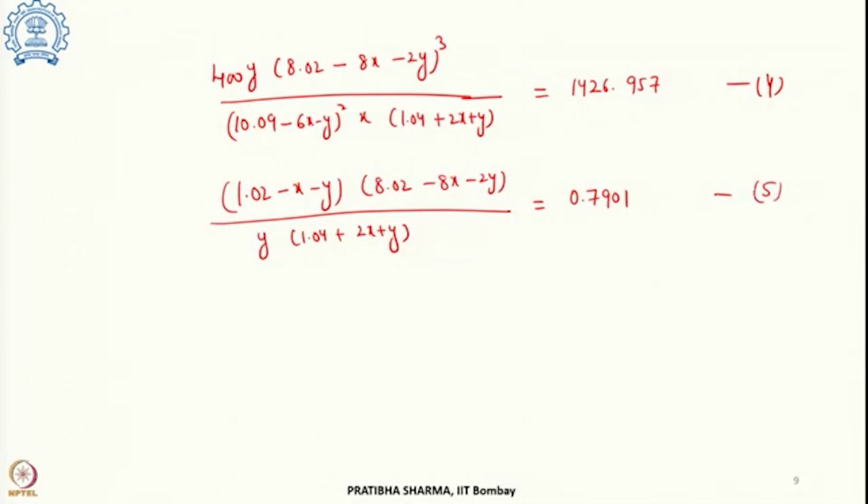Now we can see that these are polynomial equations with fractions, and they need to be solved to find x and y. So we have two equations and two unknowns. It is a little difficult to solve.